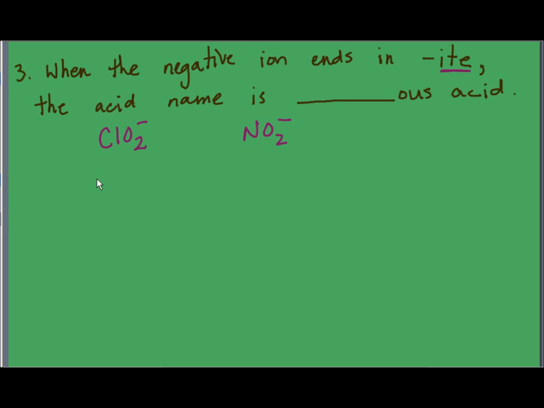If we put that into a compound containing hydrogen to make it our acid, it would look like this. The regular name for this is hydrogen chlorite. To turn it into the acid name, we recognize that we've got an ITE, so it's going to be blank-ous acid.